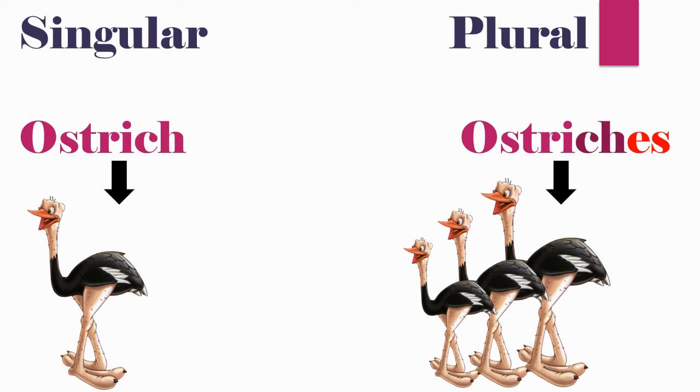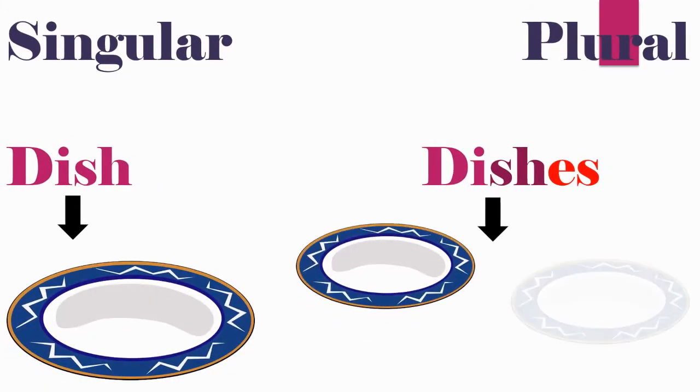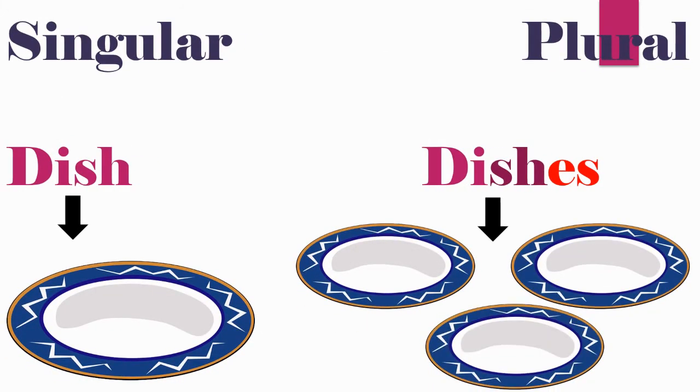So it becomes ostriches. Dish, dishes. The singular noun ends with sh and es is added to the word to make it into plural form. So it becomes dishes.